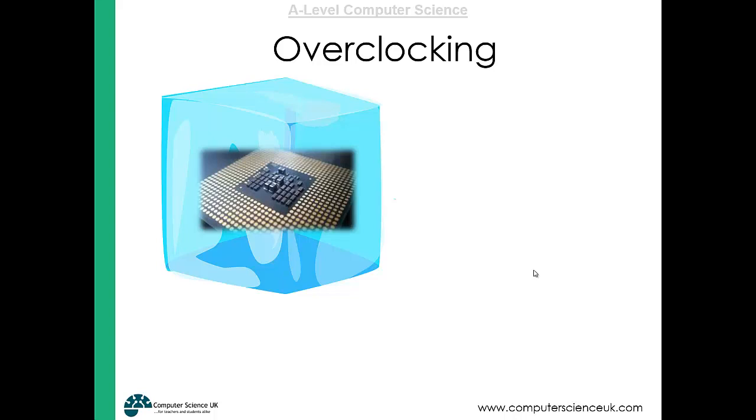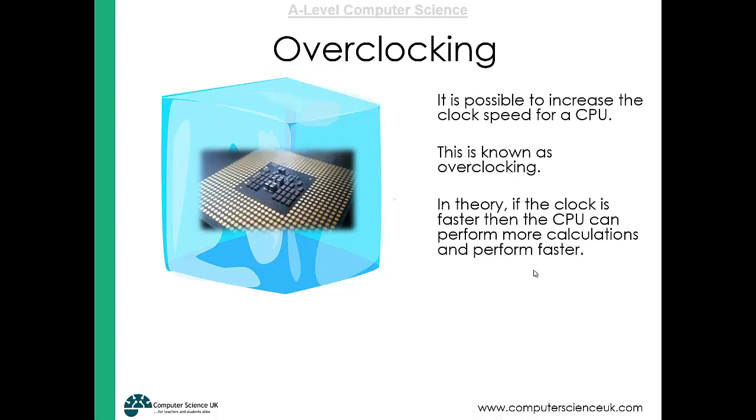So overclocking is something that you can do to a CPU to actually increase the speed of the clock, which means that those fetch, decode, execute cycles will happen faster and therefore the CPU will perform calculations much quicker. So it's possible to increase this clock speed. It's known as overclocking.